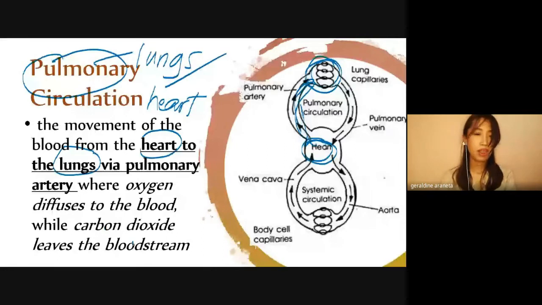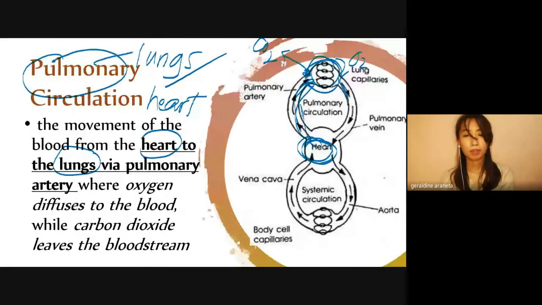So, dadalhin niya doon si carbon dioxide, tapos matitake in niya naman yung oxygen. So, ngayon, pagbalik niya nun, dadaan siya ng pulmonary vein, then back to the heart. Nagets? So, yung tatandaan nyo, heart to lungs, pulmonary circulation. Heart to lungs, lungs to heart.